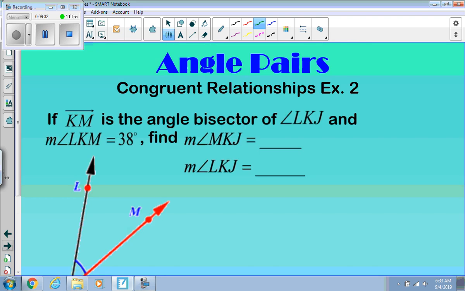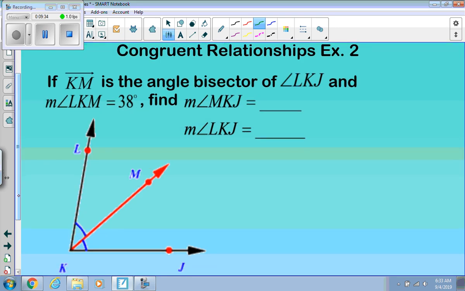All right, so we have: if KM is the angle bisector of LKJ, and the measure of LKM is 38, so LKM is 38 degrees, what is the measure of MKJ?